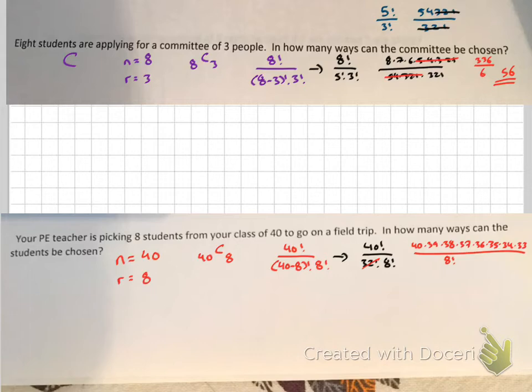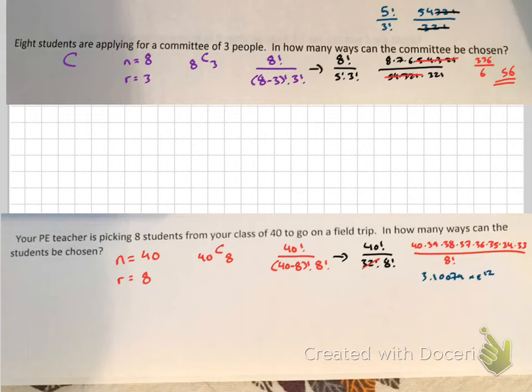My calculator can't even handle that. When I do 40 times 39 times all of this top part in my calculator, this is what I get: 3.10079 e to the 12th. That's scientific notation.